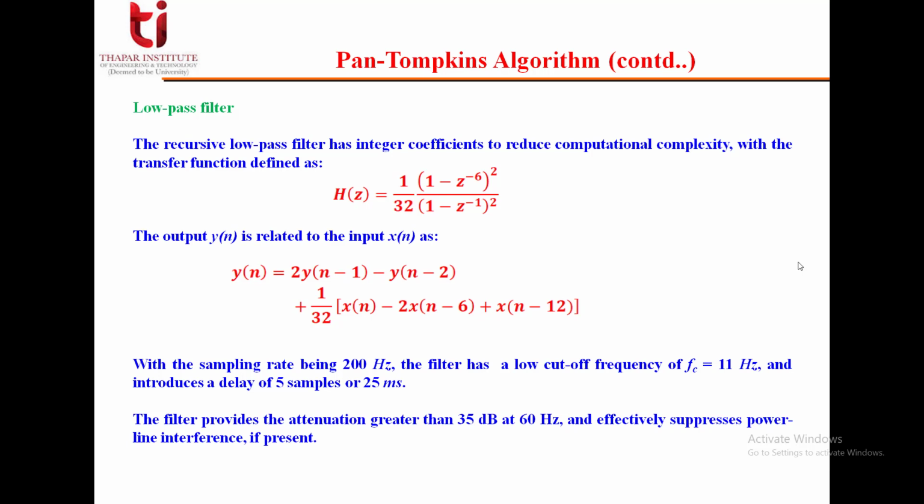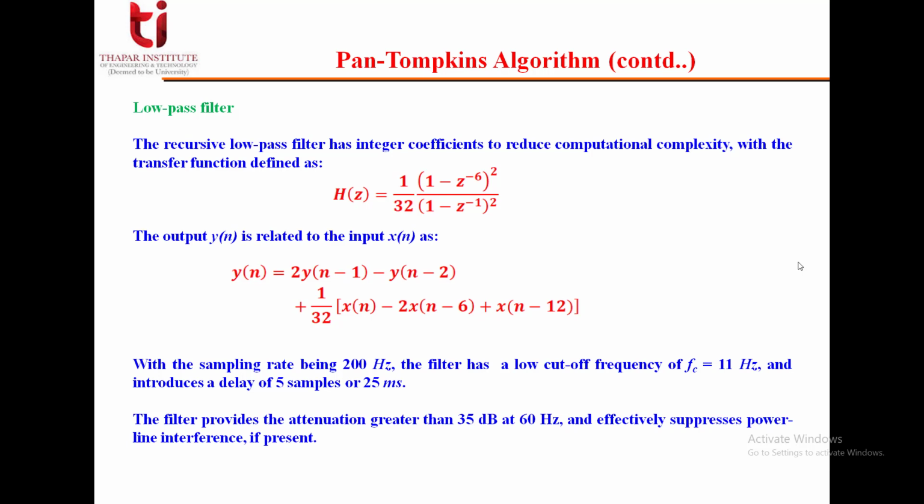And if you want to find the output equation, that is y(n), in terms of x(n), how can we do that? We can write H(z) as Y(z) by X(z), then cross multiply both the sides and finally take the inverse transform.